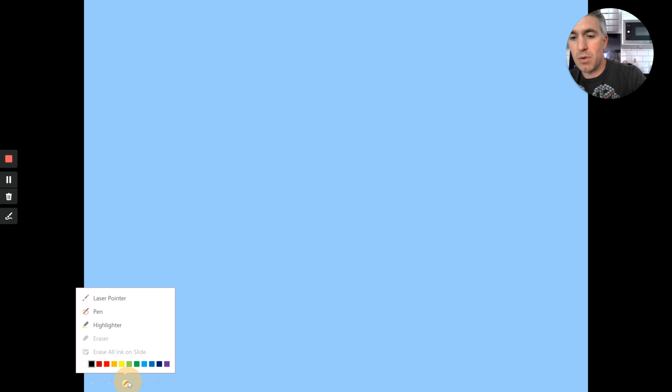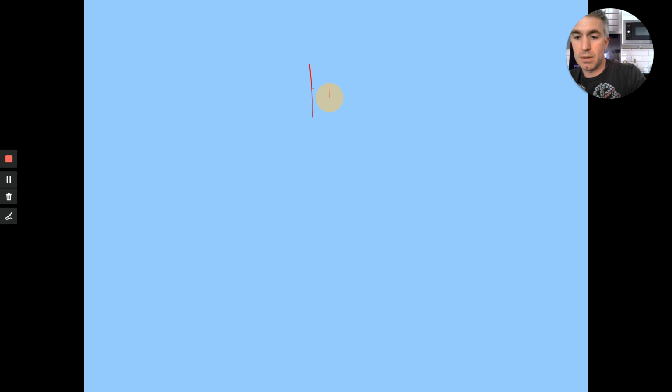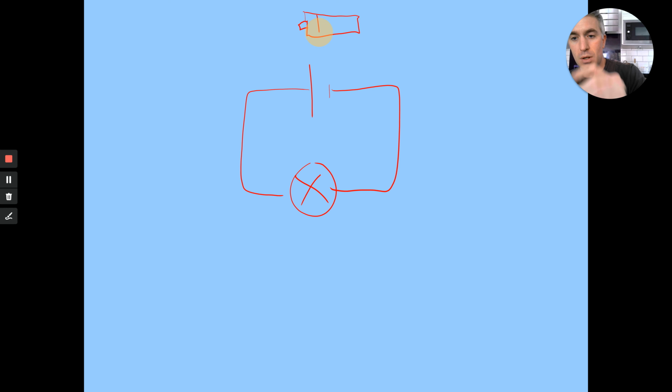So let's just do a little diagram to finish this off. Here is my cell, and here's my battery. Now remember, the long end is positive. So if my battery was like that, that's how it would look. Quality battery drawing, I've got to say. So if that's positive and that's negative, the electric current comes out of the positive and into the negative.